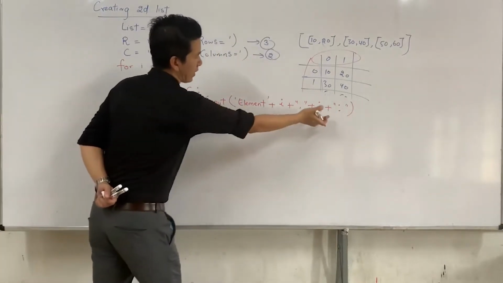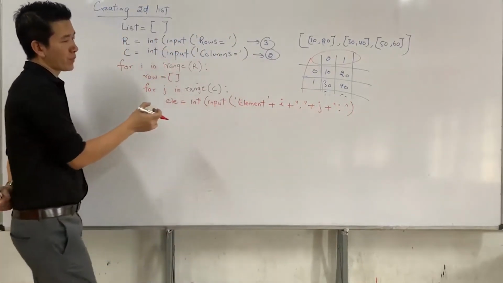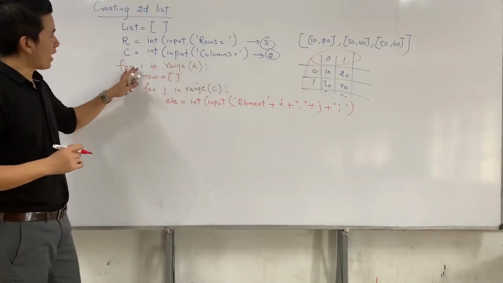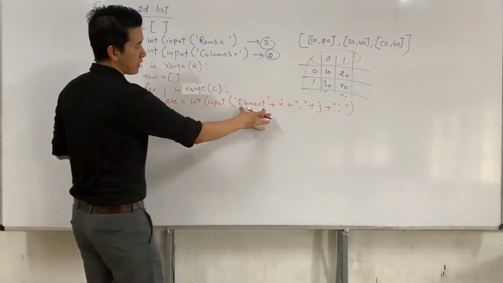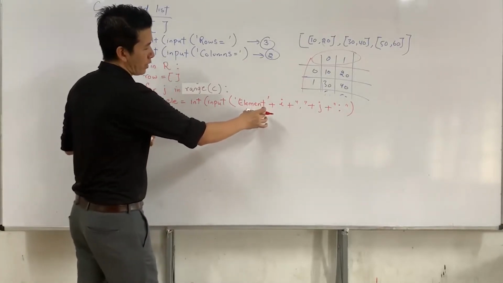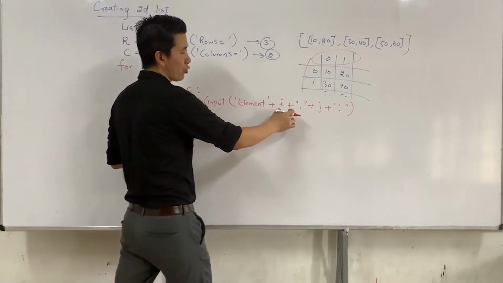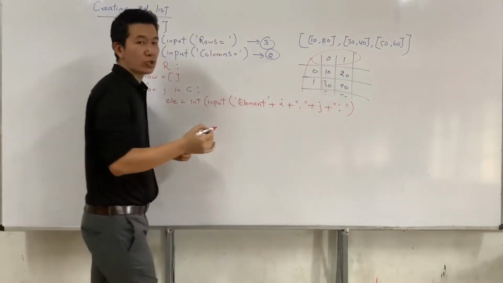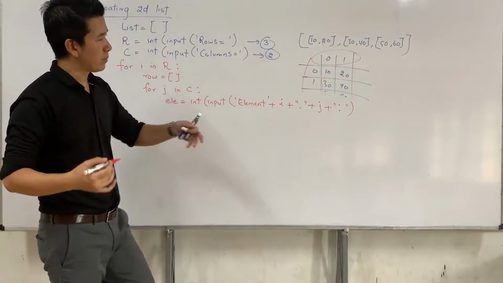Okay, so this will be a message which will help the user understand better. So initially when the value of I, J starts with 0, it'll be something like this: input, element, 0 and 0, which means you're referring to the first element. Okay, just to help the user understand a little better.